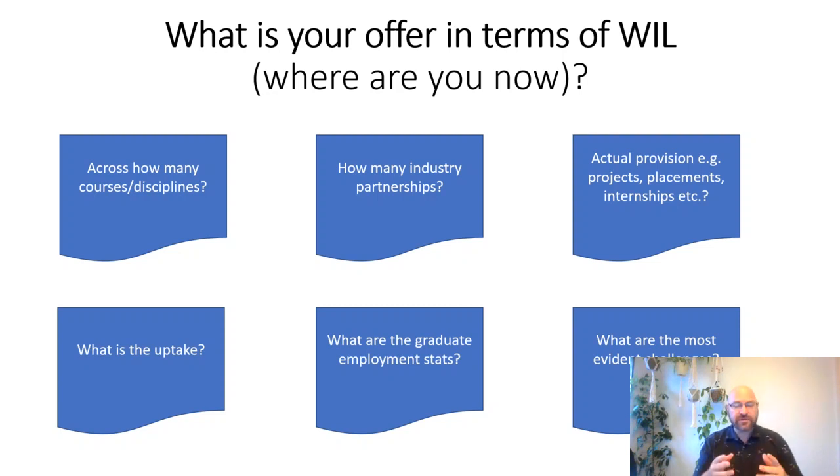Because those, you'll see later, open up all kinds of opportunities for us. So once you've listed all your industry partnerships, try and list which industry they're in and the size of that partnership. Are they a startup, a small, medium enterprise? Are they a large corporation? Are they a multinational company? Just what is your awareness of where you are now in terms of your industry partnerships?